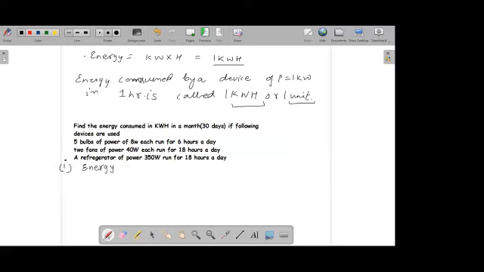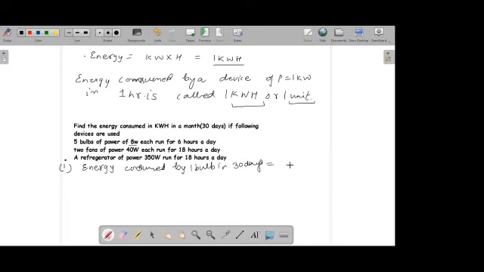First I'm going by the bulb. So energy consumed by one bulb in 30 days. What will be the energy consumed by one bulb in 30 days?